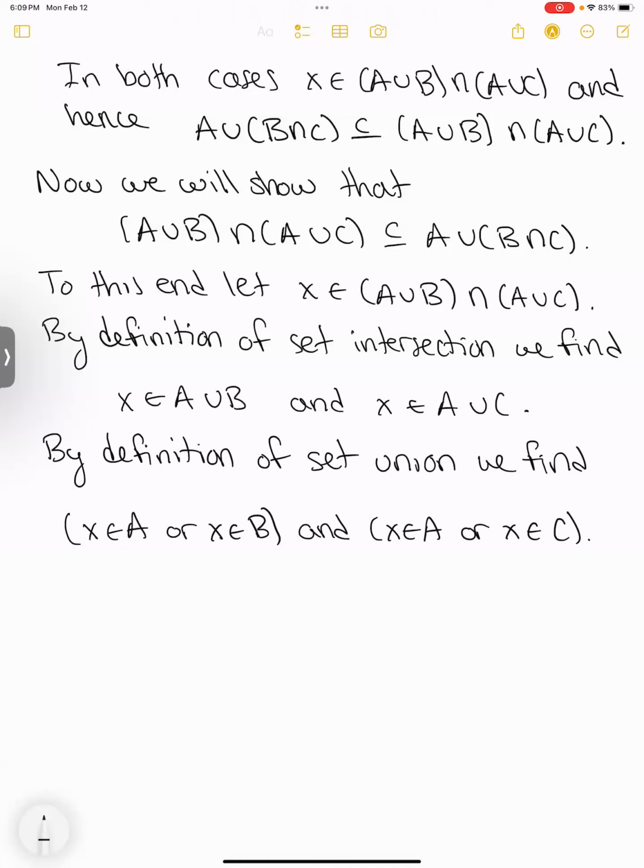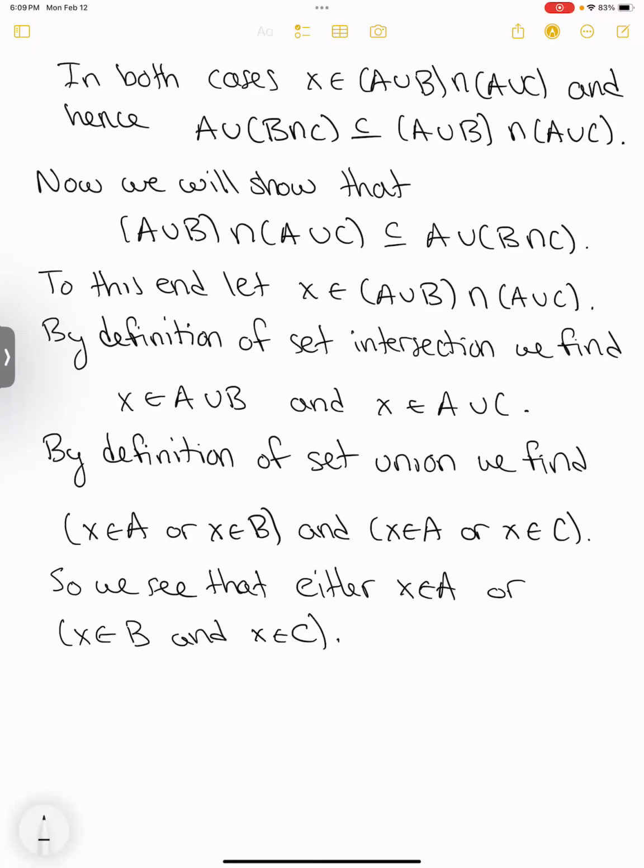So that gets rid of being in A as a separate thing. And then as soon as you're in B and C, you also satisfy both requirements. So that's what we see from this. So see that either X is in A or X is in B and X is in C.